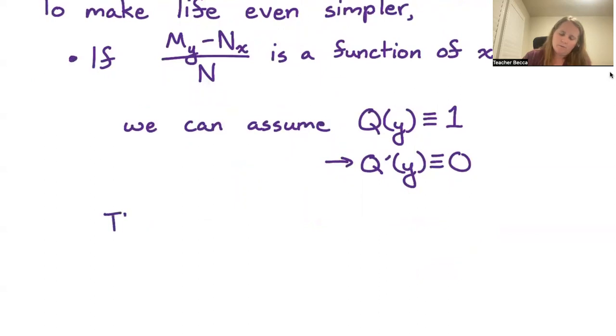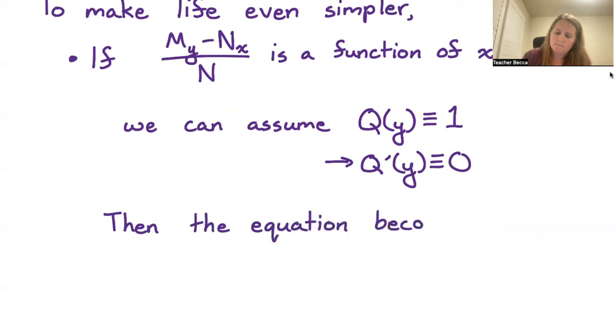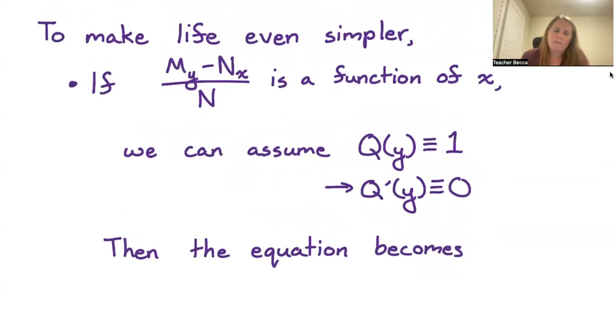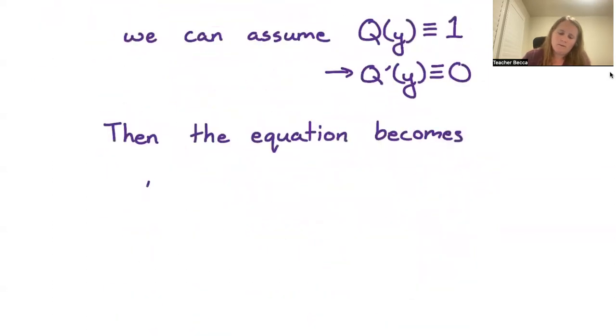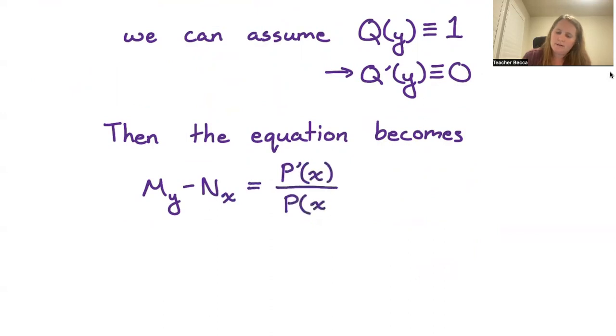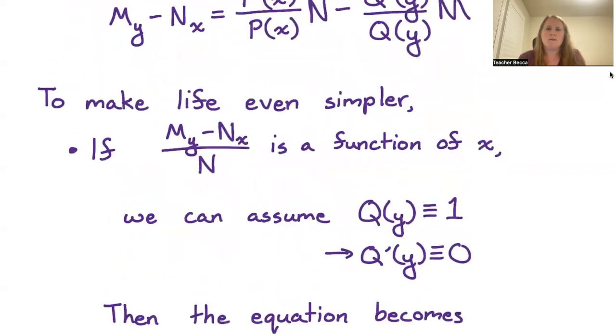Then the equation becomes my minus nx is equal to p prime of x over p of x times n, right?